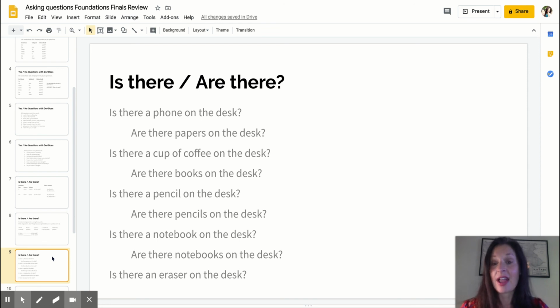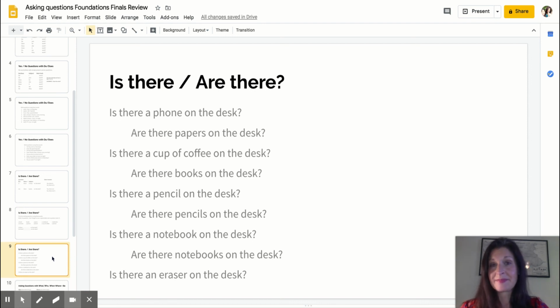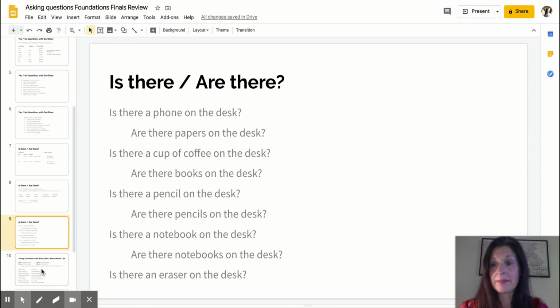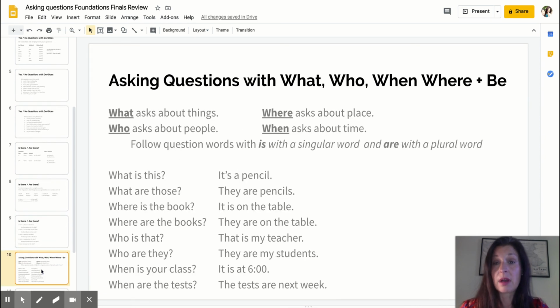Is there an eraser on the desk? No, there isn't. Good. So read the questions again and answer, yes, there is. No, there isn't. Yes, there are. No, there aren't. Practice that.